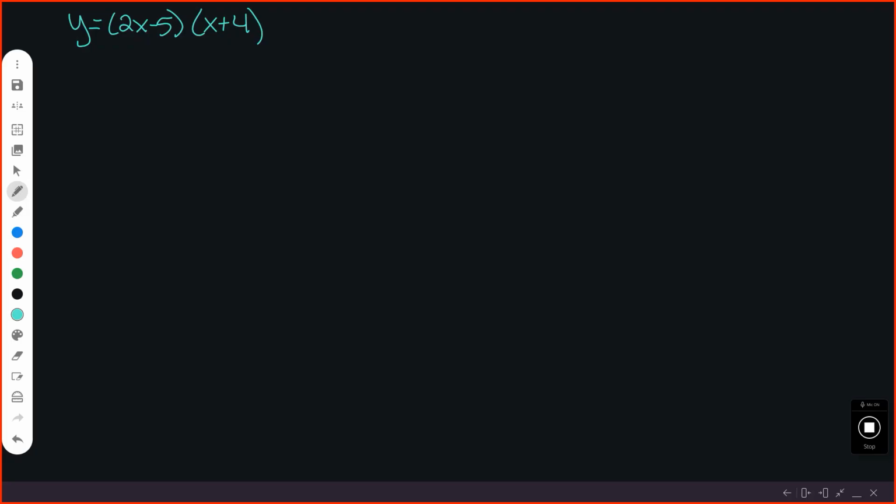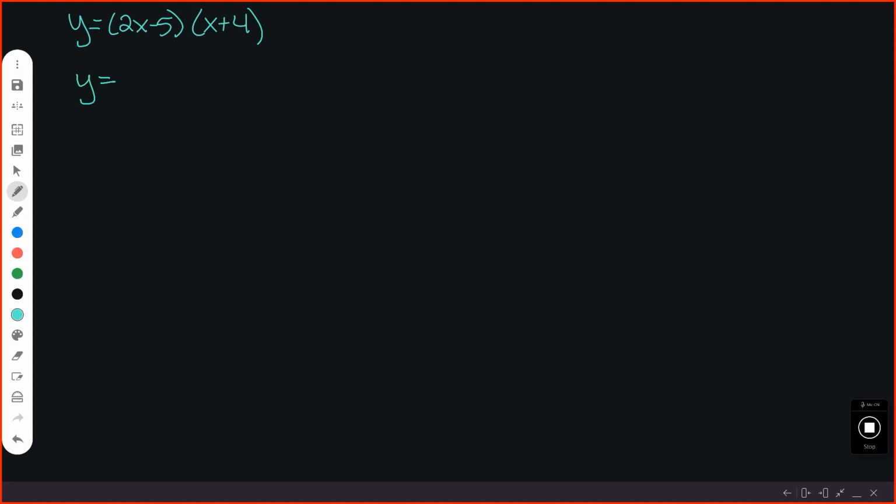So the first thing is to find the y-intercept. In standard form, it's really easy, right? It's just the constant at the end. But it's a little bit harder here. I could expand this out, but the easier way to do it is to remember that for the y-intercept, the x-coordinate is always 0.